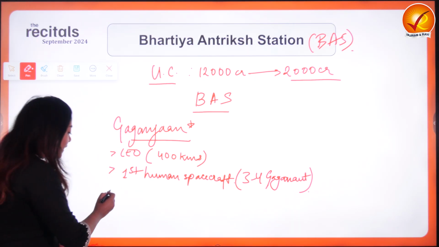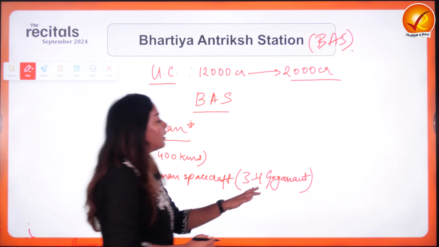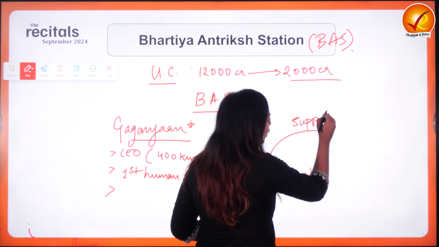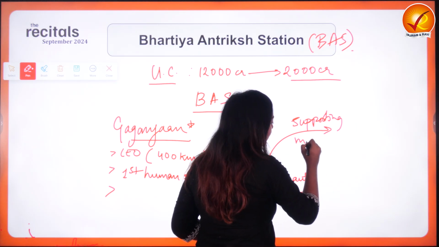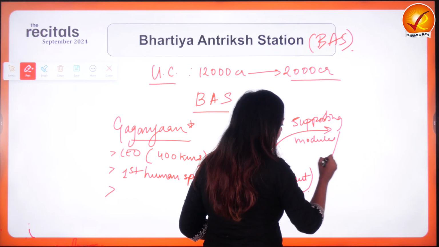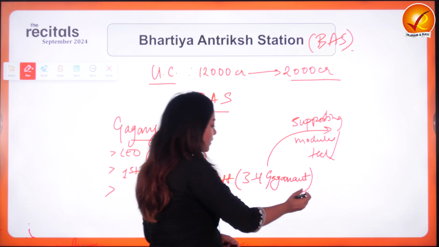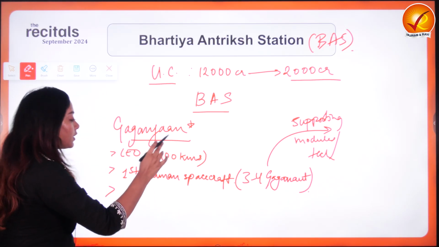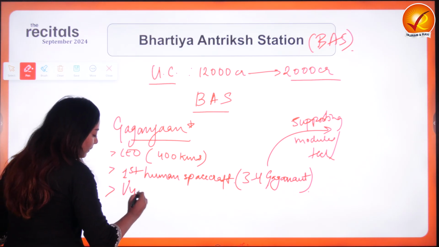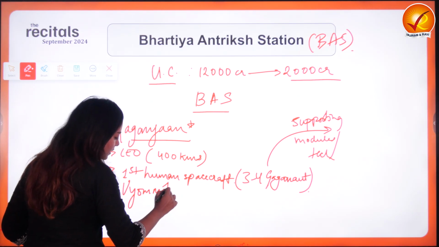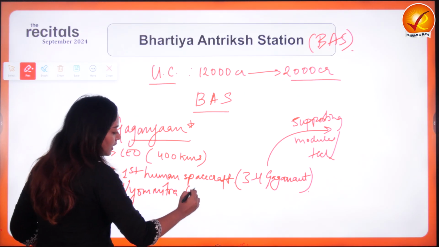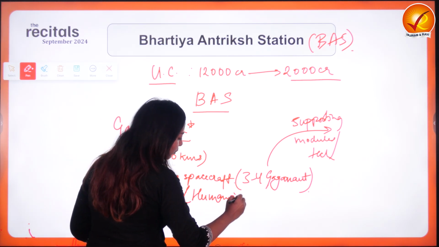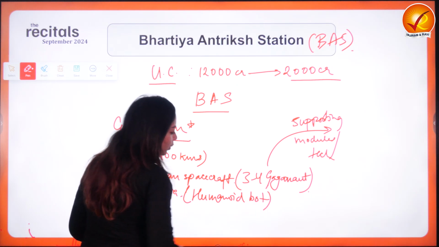So there were certain conditions created, certain modules, which we call a support system. Supporting modules and technology were created to support the Gaganauts, and before they could be launched into the space, for ensuring their safety, we will be taking Vyomitra, which is the humanoid bot, which will be tested beforehand.